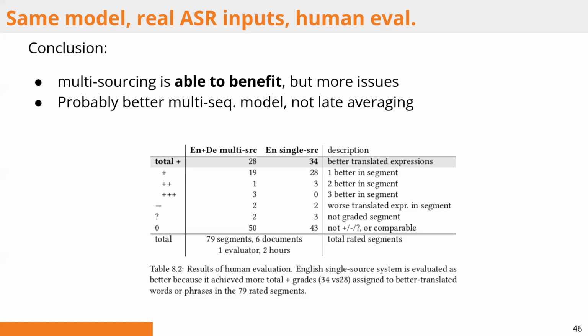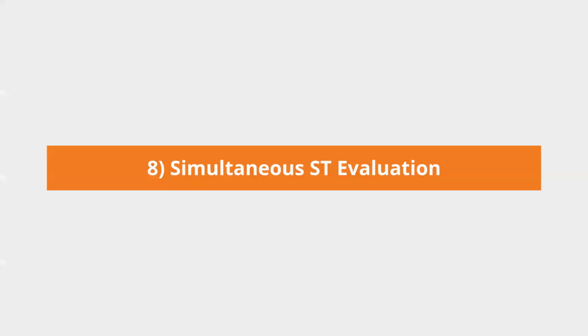So the multi-sequence model can be more robust to this. This can be investigated in further work. And then for further work, I had a question to investigate, because in the ESIC corpus, there is Czech interpreting as a reference and translation as a reference, and we were not sure which one we should use.